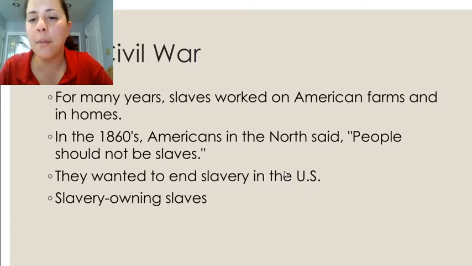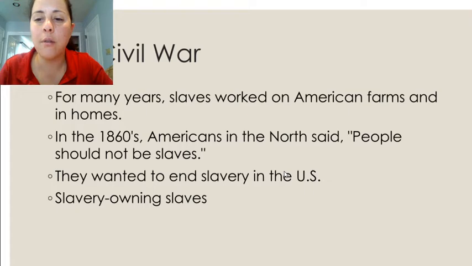A farm is a place in the country where you grow food and raise animals. For example, on an American farm, you might see fruits and vegetables growing, corn and wheat and soy, also animals like cows, chickens, pigs.